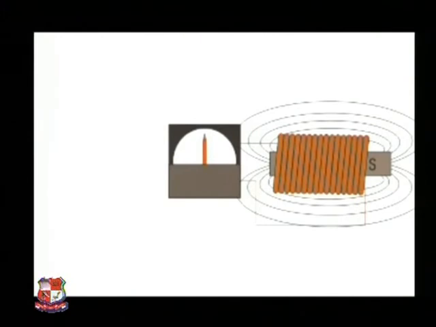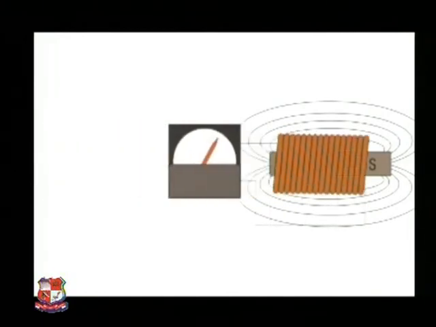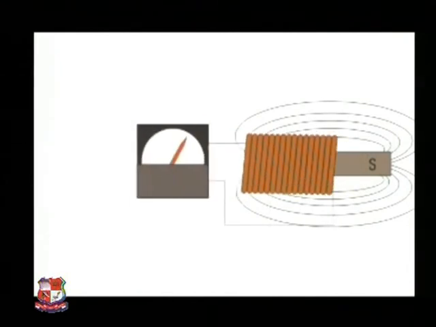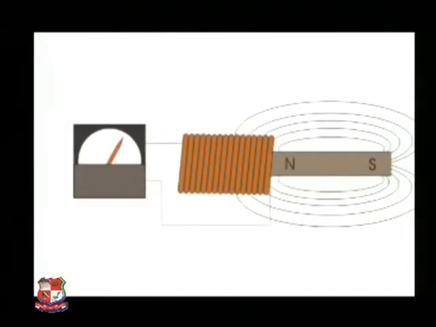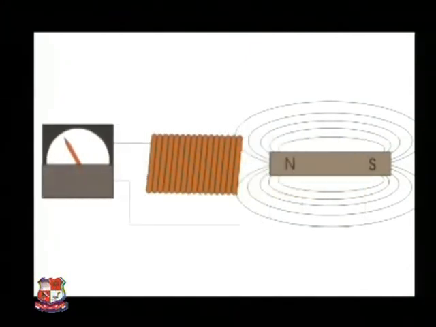He also found that if these movements are made faster, the deflection of the needle of the galvanometer is also more. That indicates that the faster the change in the magnetic field, the greater will be the induced EMF or voltage in the coil.